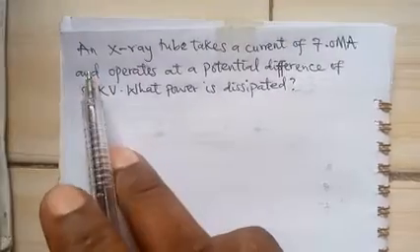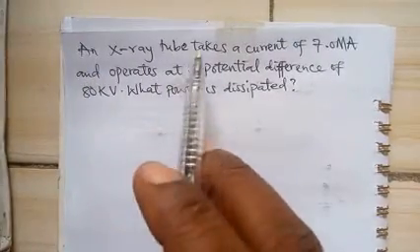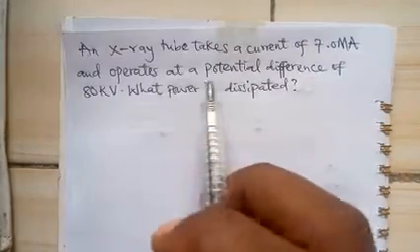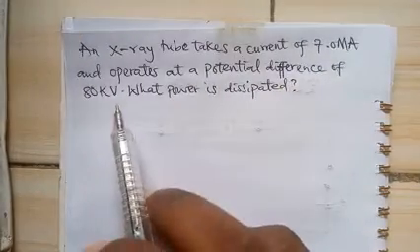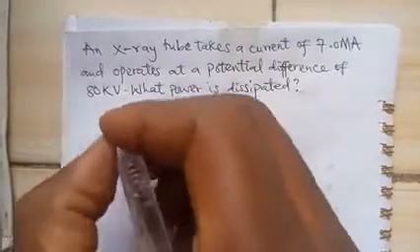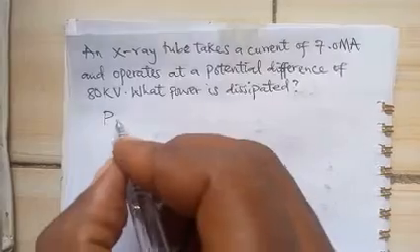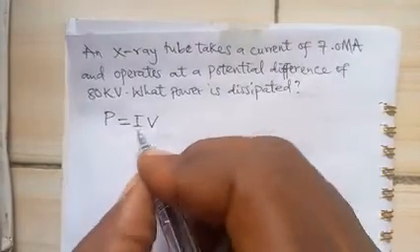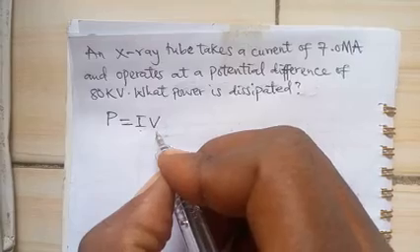So let's look at an example. An X-ray tube takes a current of 7.0 milliampere and operates at a potential difference of 80 kilovolts. What power is dissipated? Now, simple. We can just say power is equal to IV. Now, I is current, and V is the potential difference.